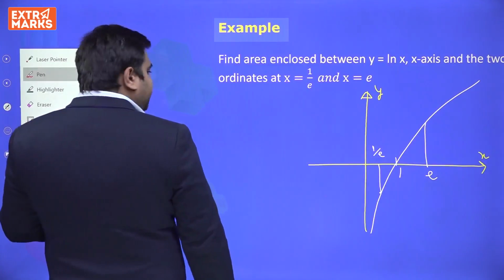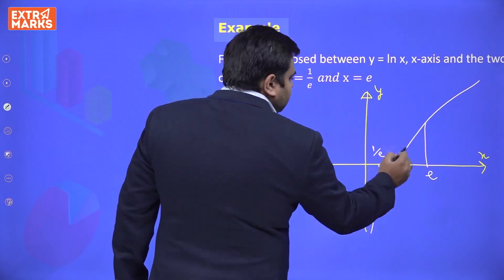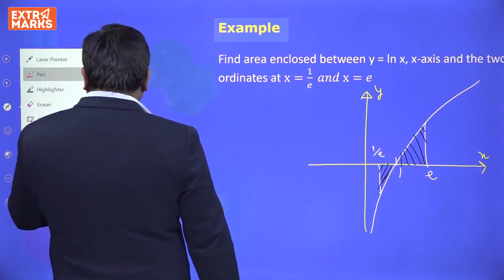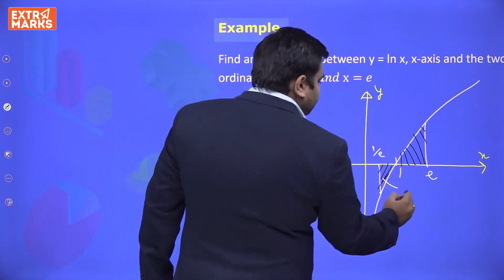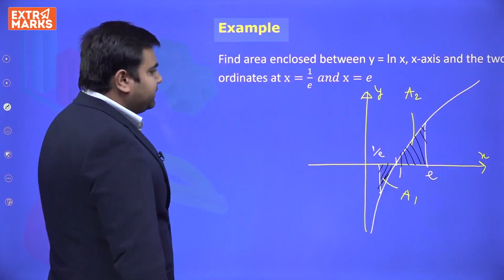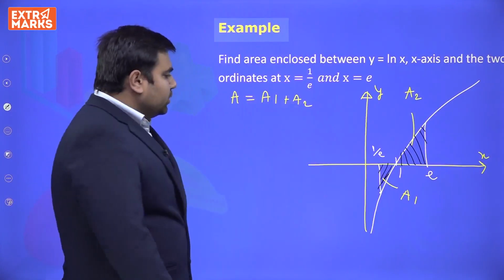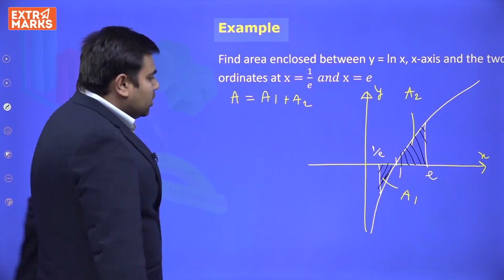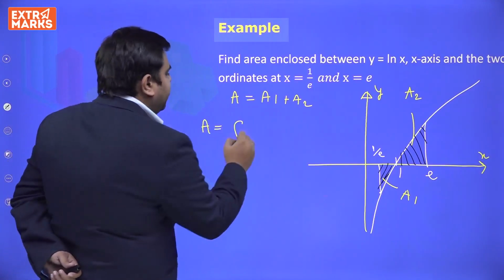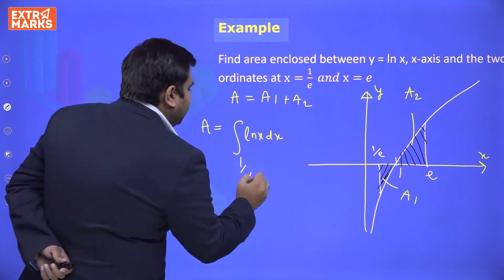So what would be the area? This is A1 and this is A2, right? So the required area will be A1 plus A2. For calculating A1, we need to integrate ln x with respect to x from 1 by e to 1.